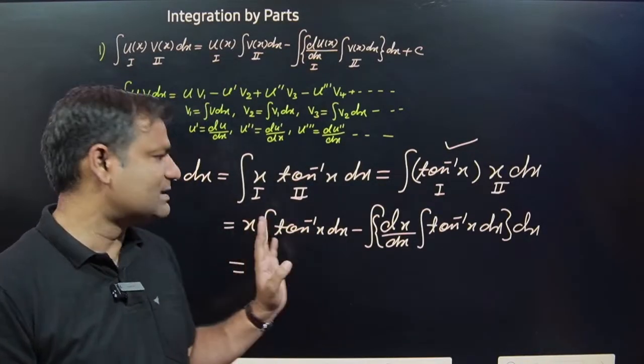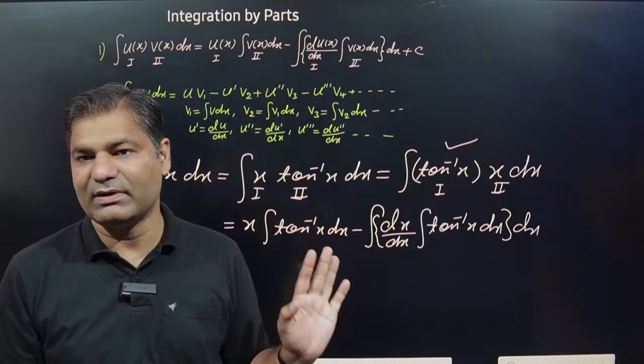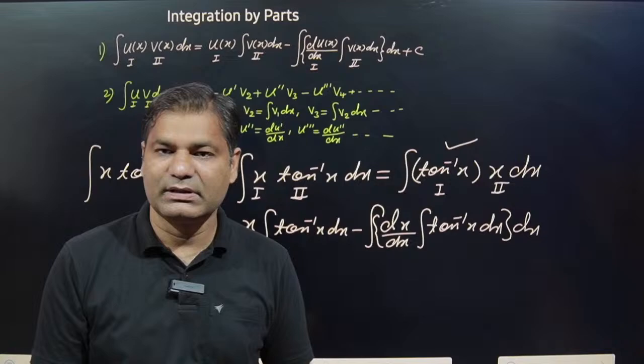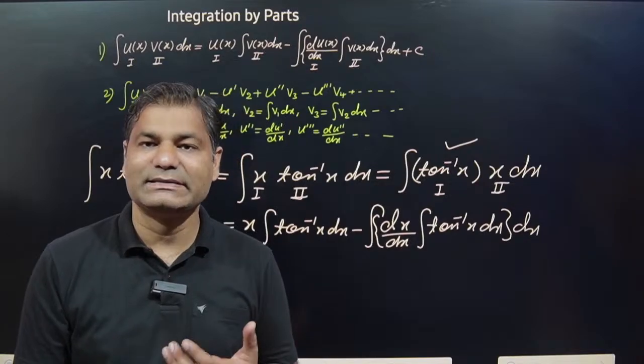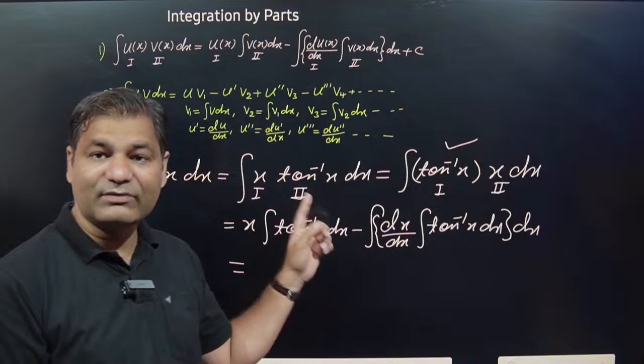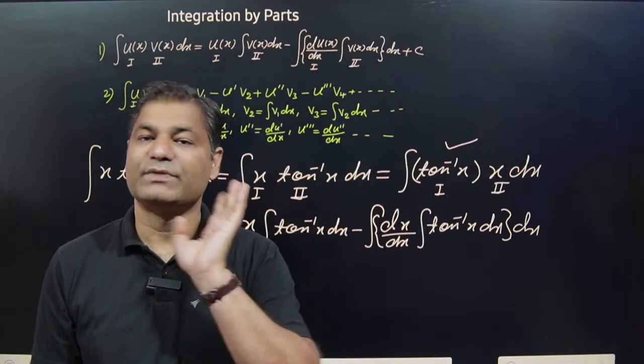So if this type of question is available, meaning sine inverse, cos inverse, tan inverse, cot inverse, sec inverse x, cosec inverse x type functions, or log x, then that one is always taken as the first function.